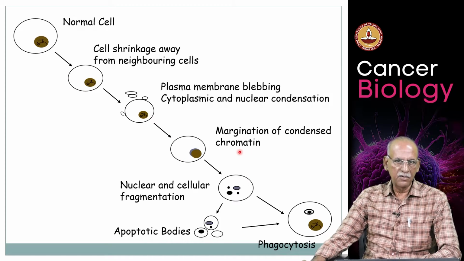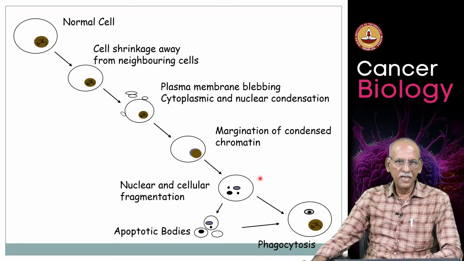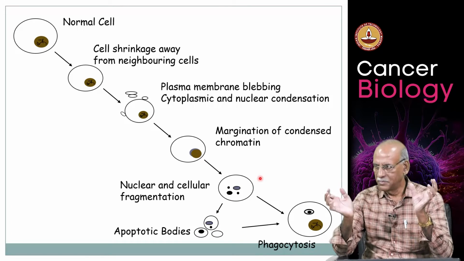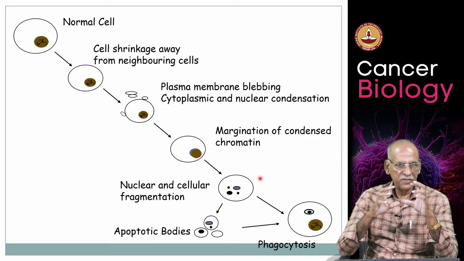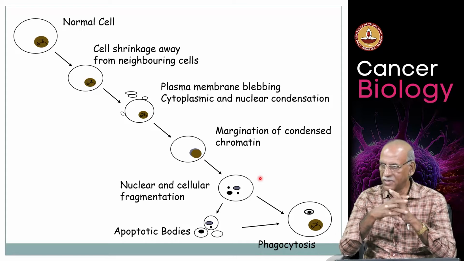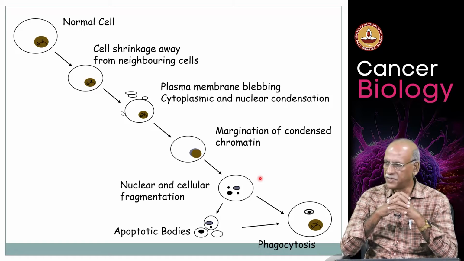Slowly DNA fragmentation, nuclear and cellular fragmentation, and it forms apoptotic bodies. What is interesting is that the cells are not burst out, but form certain apoptotic bodies, they have their own membranes. So, they are intact. So, that is a characteristic feature.